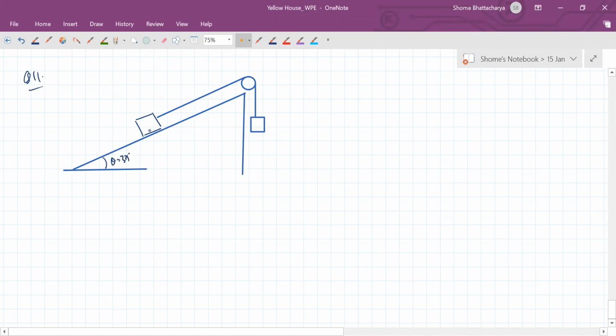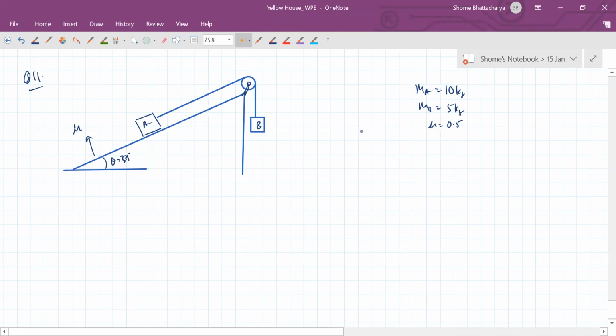Okay, 37 degrees. This block is of mass 10 kg. This block is of mass 5 kg. And the coefficient of friction is 0.5.